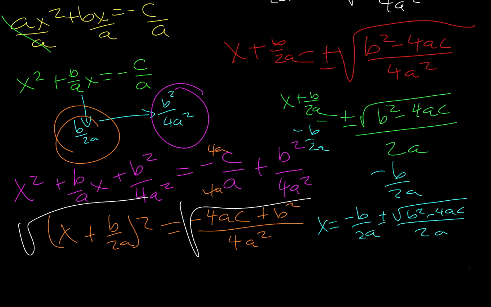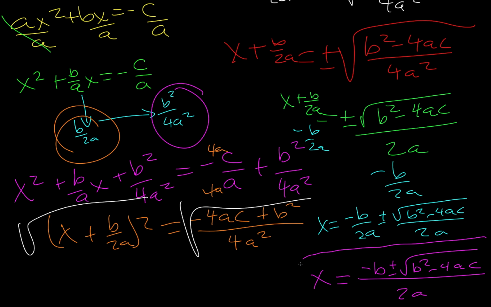We're so close to looking like the quadratic formula. They already have common denominators, so we're going to put them all over a common denominator of 2a, and we get negative b plus or minus the square root of b squared minus 4ac, all over 2a, is equal to x. So there's the quadratic formula.